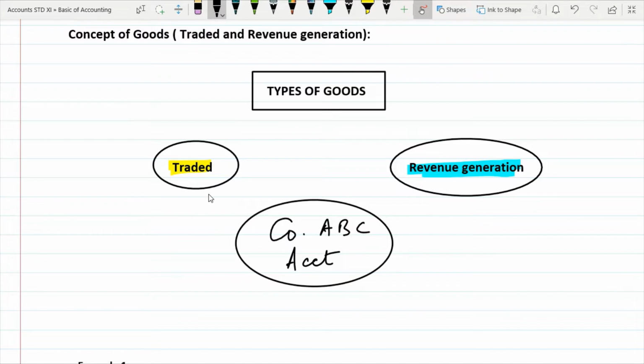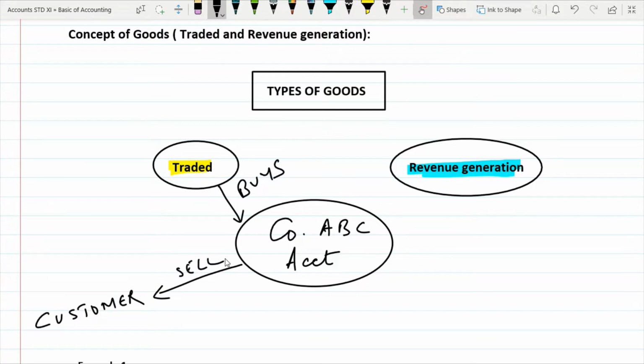Now when a company buys traded goods, they buy it for the purpose of selling. So the goods are sold to the customer.